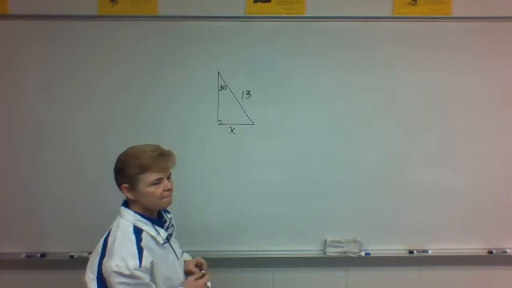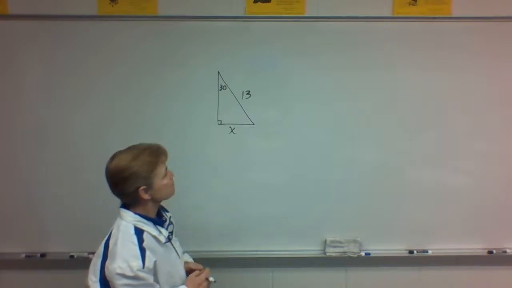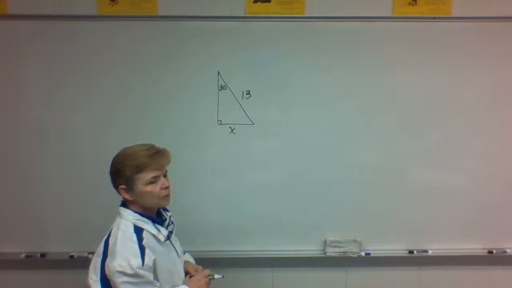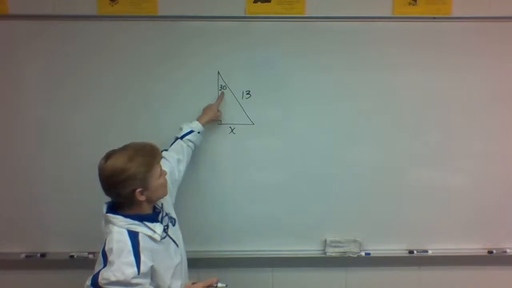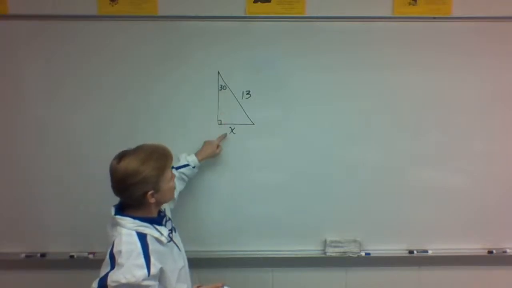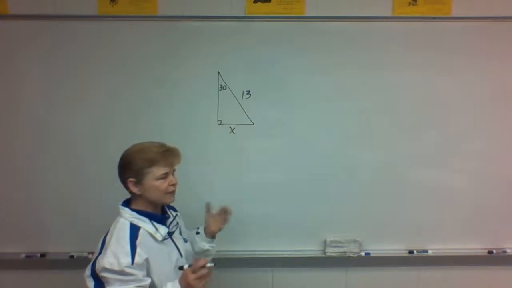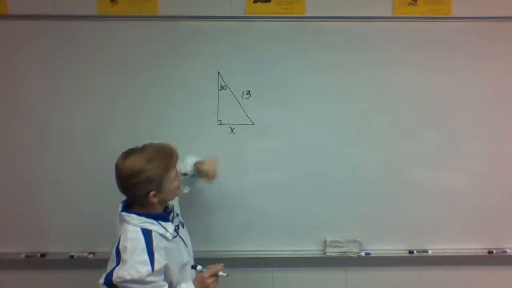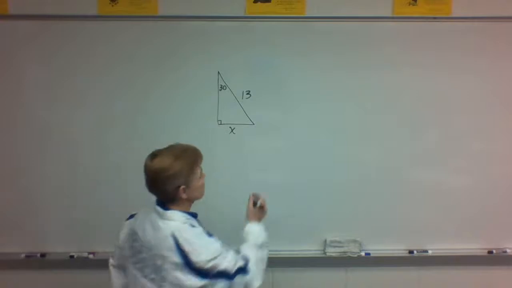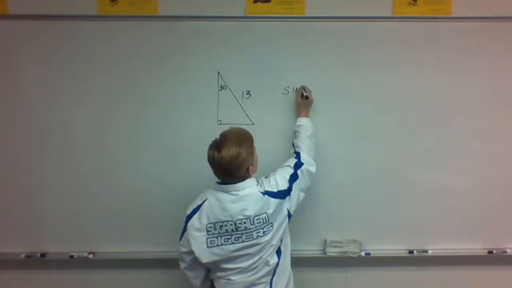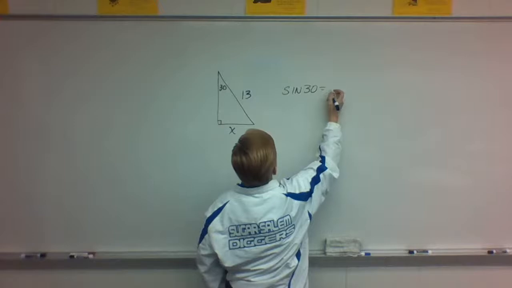Which trig function? The sine, right? Because with respect to this angle, we would like to know the opposite, and we do know the hypotenuse. So you have to ask yourself, opposite, hypotenuse, what is that? Sine. So we're going to say the sine of 30 equals X over 13.